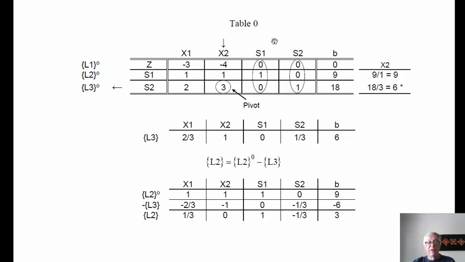What I'm going to do next is the same, but now for the second line. So this is the previous table. We have here the second line, and we also have here line 3. So the new line 2 is the previous line 2. In this case, I just need to subtract line 3 because the coefficient here is 1.